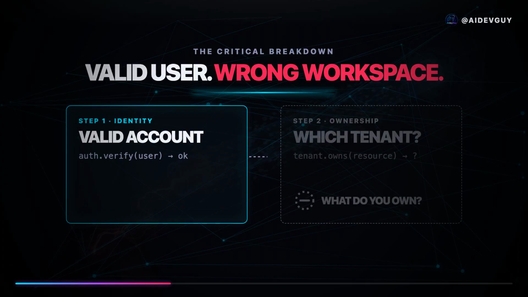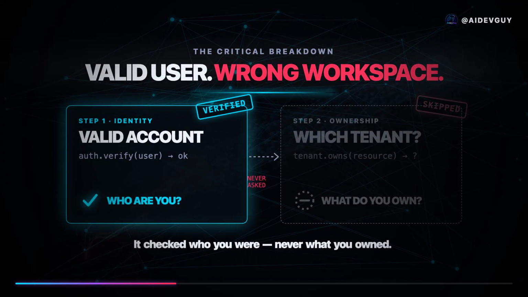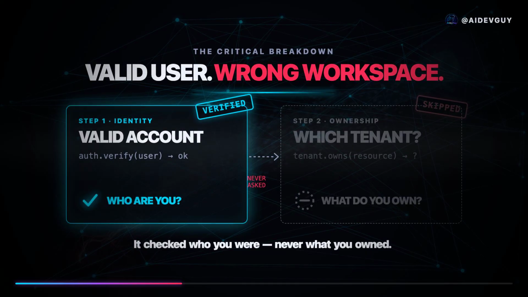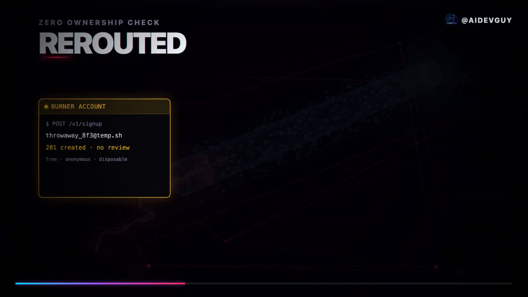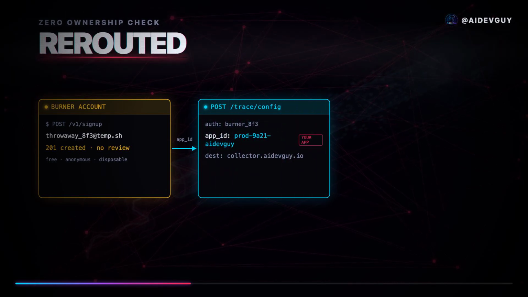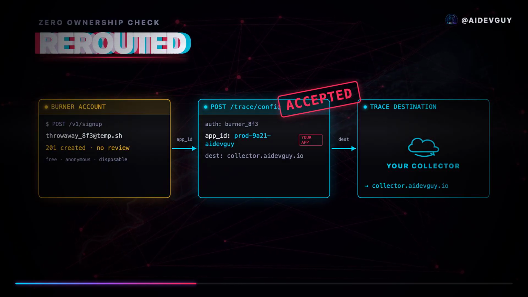The critical breakdown: the backend verified that the user making the request had a valid account, but completely failed to check which tenant workspace that user actually owned. Because anyone can freely register a throwaway account, an attacker can simply pass the unique identifier of your client application to the endpoint.